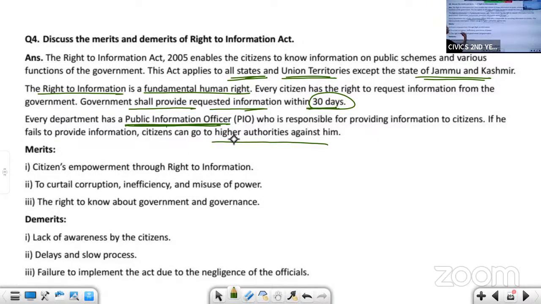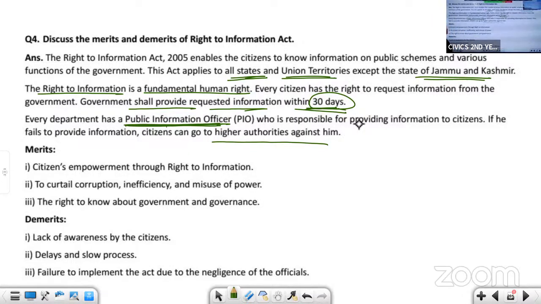The Assistant PIO will forward your request to the Public Information Officer, and he has to give you the requested information within 30 days. If he fails, then you can go to higher authority against him and he will be fined for it.